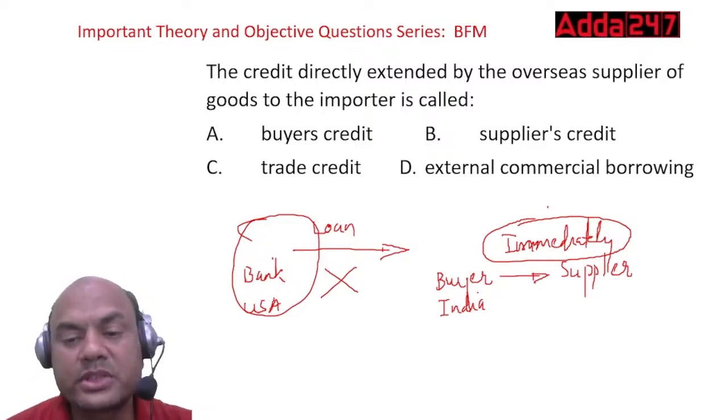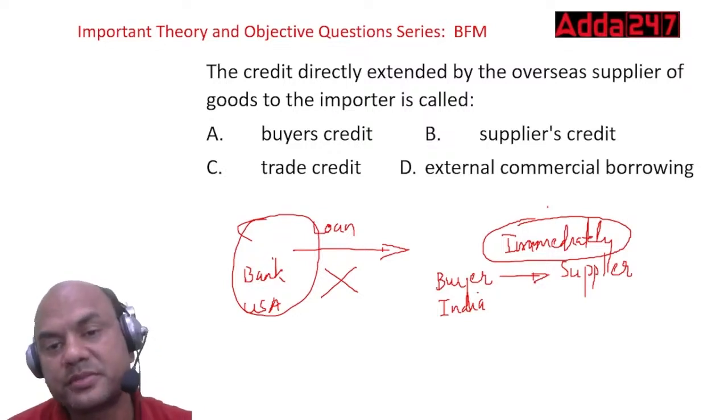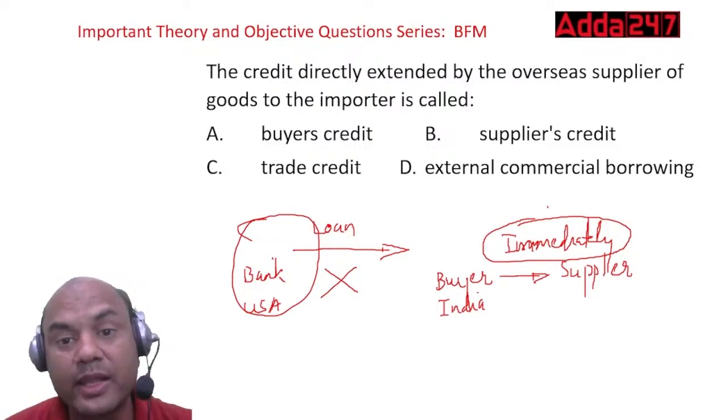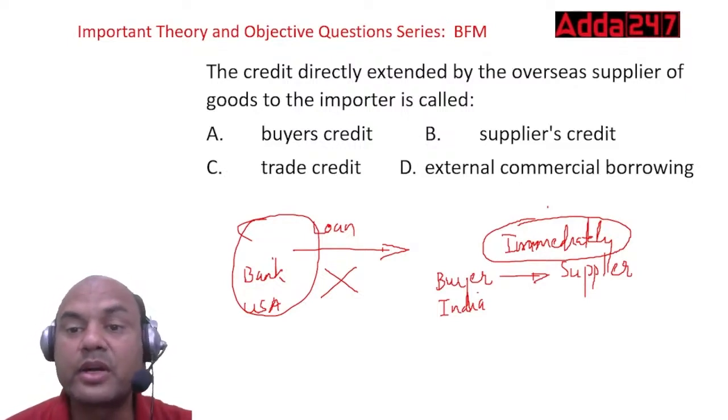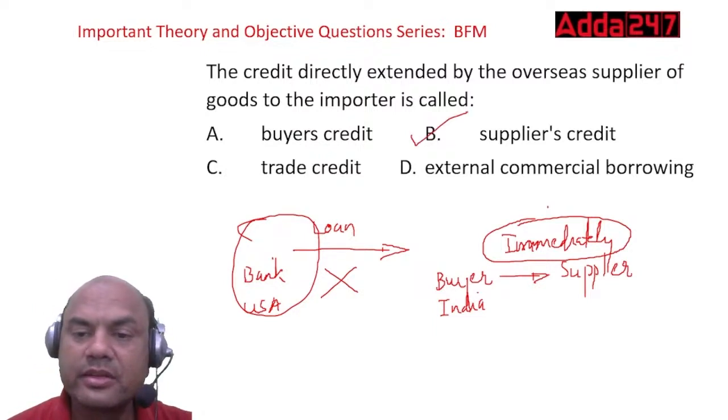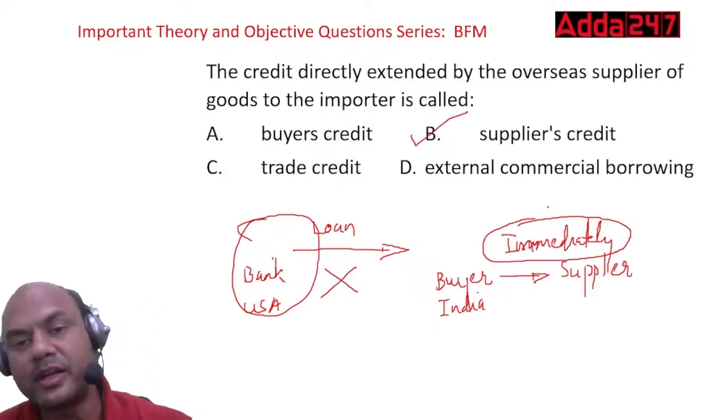Means I'll give you the goods now, you pay me after 2 months. So whenever any goods are sold on credit, on udhari, then that is called as what? Credit directly extended by the overseas supplier. Answer is simple. ECB, supplier's credit, right?